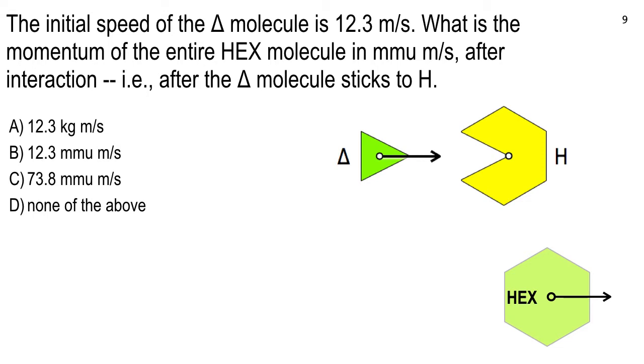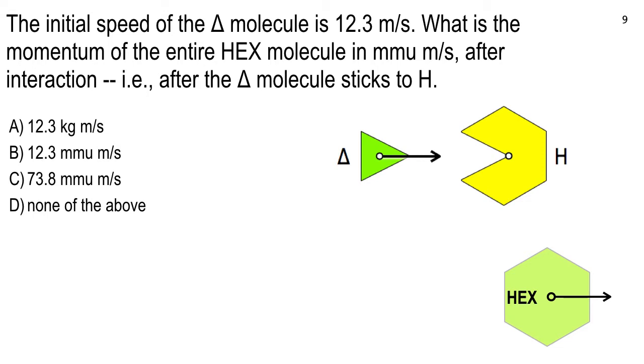Here's the array of answers. You can see that there's a spread between B, C, and D. B is 12.3 MMU meters per second. C is 73.8 MMU meters per second. And D is none of the above.